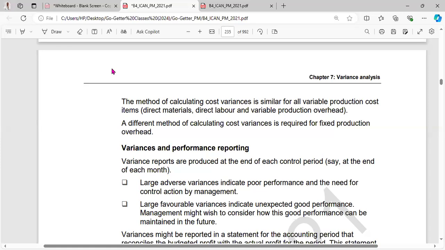And we know that a flexed budget comes at the end of the period after we have seen the actuals and we know the level of activity used for the actual. We now prepare a flexed budget. Then we also learned that we are going to reconcile the fixed budget profit with the actual profit, and we're going to use the helper column, our flexed budget, to do this reconciliation.